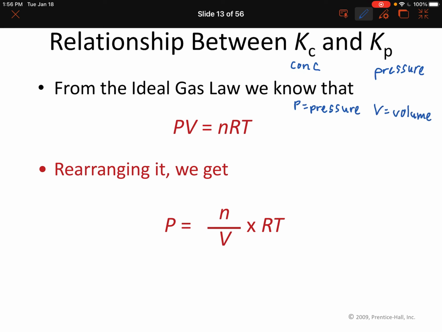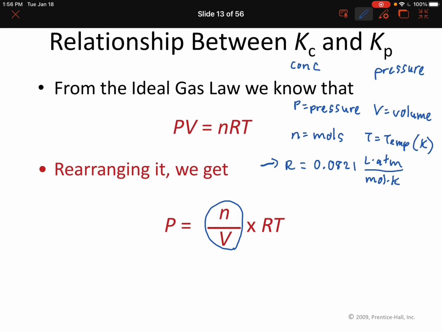Remember, P is pressure, V is volume, n is moles, T is the temperature in Kelvin, and R is the gas constant, which I've typically used this value for: 0.0821 liter atmospheres per mole per Kelvin. You would use a different base unit for pressure depending on what you're given, but this is the version I typically use, and that'll be fine for what we're talking about here.